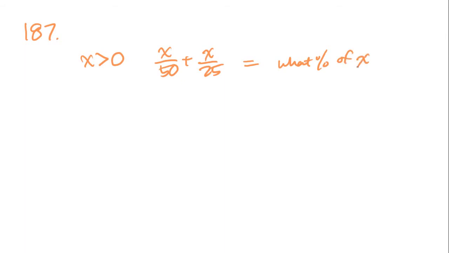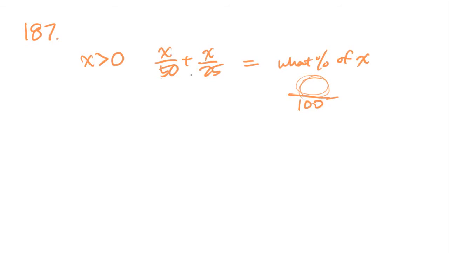187 says if x is larger than 0, x over 50 plus x over 25 equals what percent of x? Well, whenever we deal with percentages, we want the denominator to be 100 because then we can just look at the numerator and figure out what percent it is.